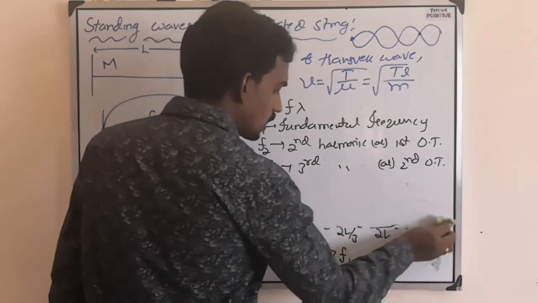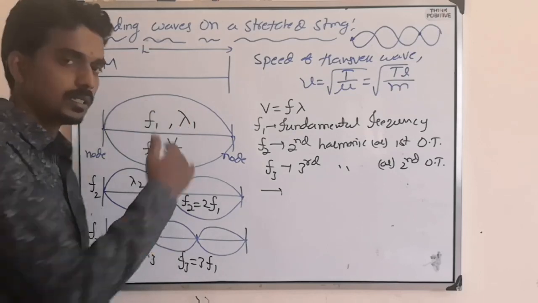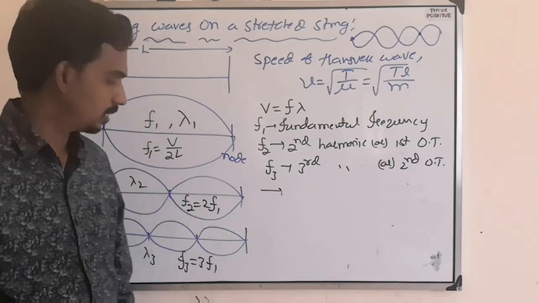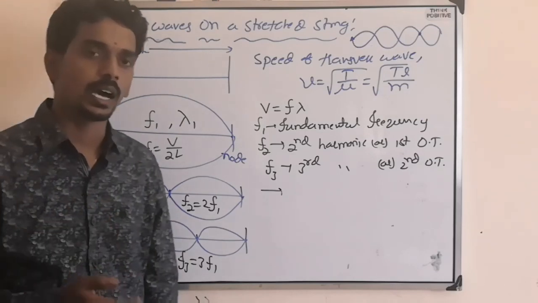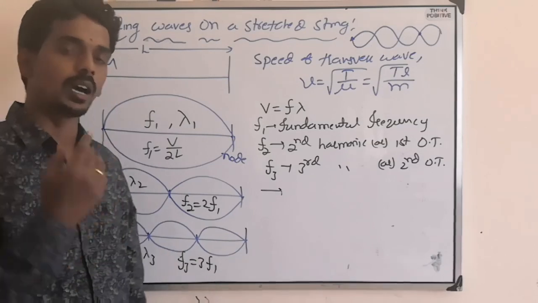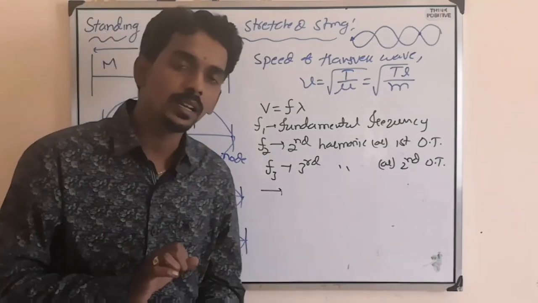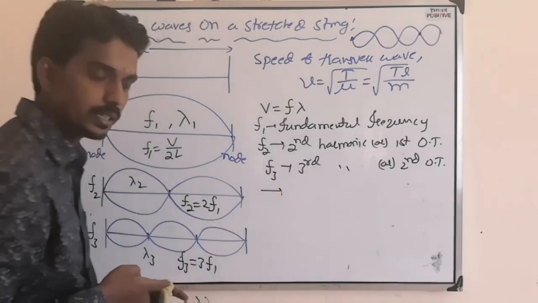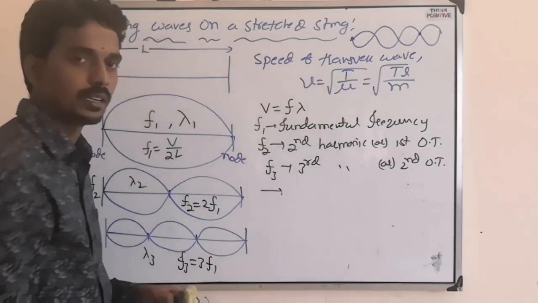So we can generalize now. First, one loop, fundamental, frequency V by 2L. Next, two loops, that we call the second harmonic. Next, three loops, third harmonic, and so on. If 5 loops are there, fifth harmonic. 3 loops, third harmonic. 2 loops, second harmonic. 1 loop, fundamental.